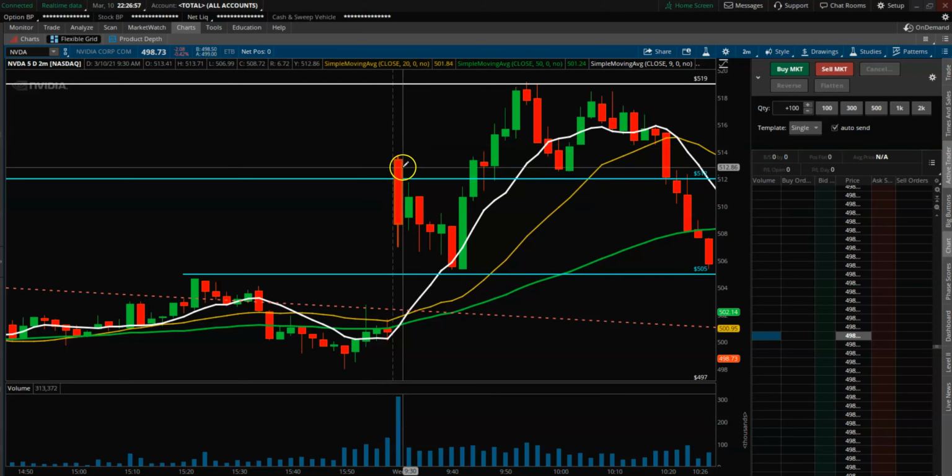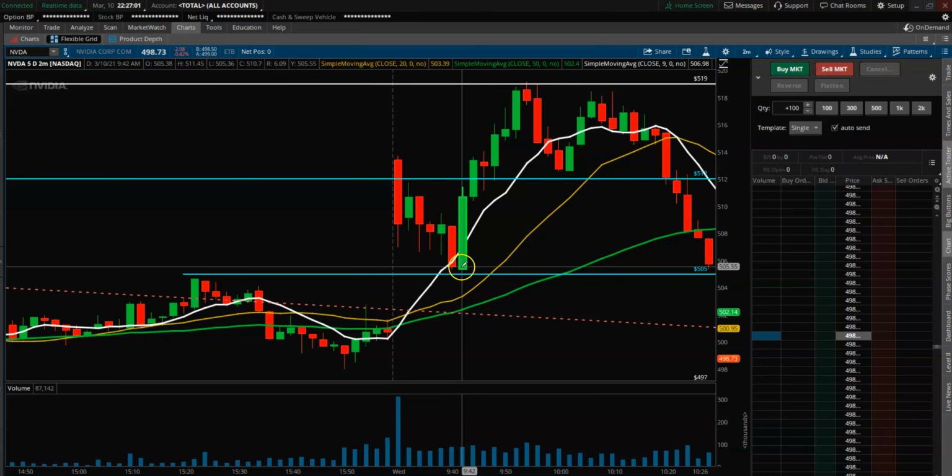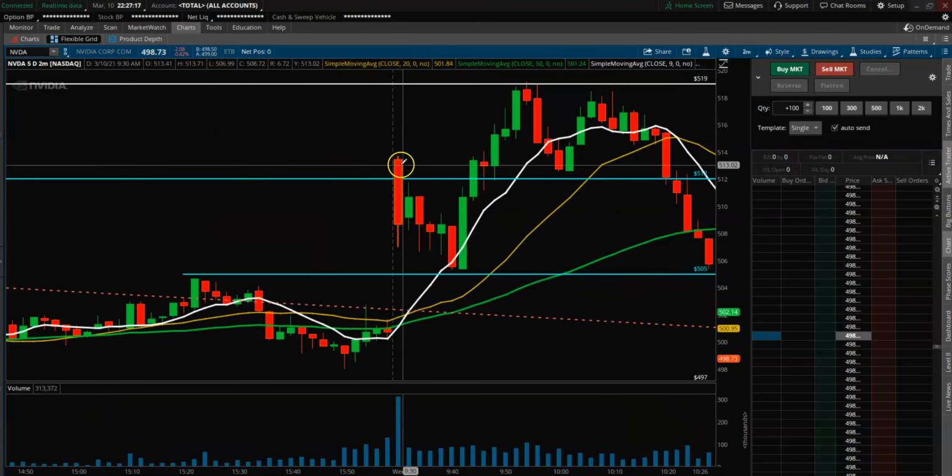Okay, so what happened? It sold off in the first few minutes, and right at that 505 level, which was the support, above the downtrend line. And the note says, above 505 we can target 512. But it opened above 512 and sold off.